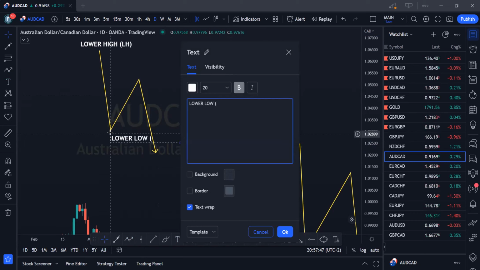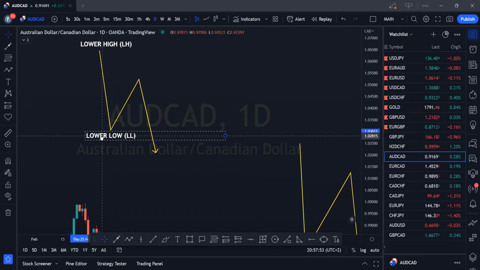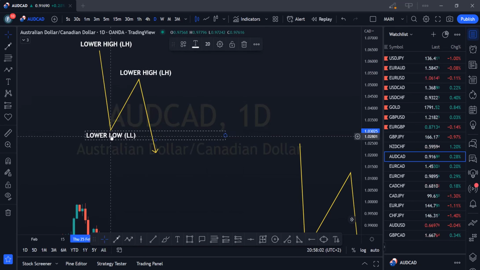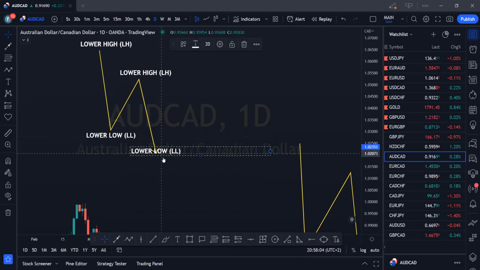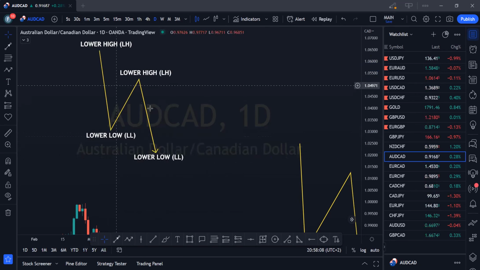Let's call this LL. Good. So a downtrend is made up of lower highs and then lower lows. So lower high, lower low. Good. So this is a standard trend.